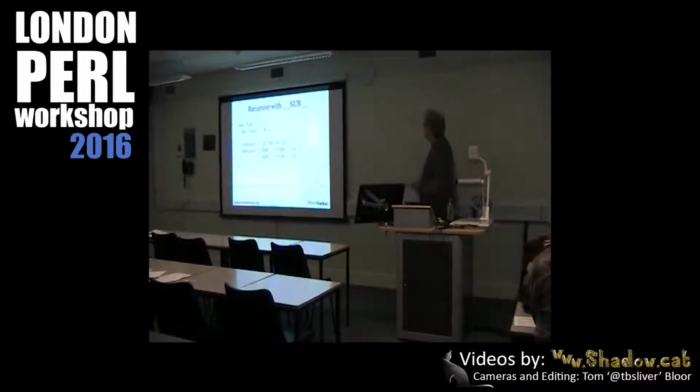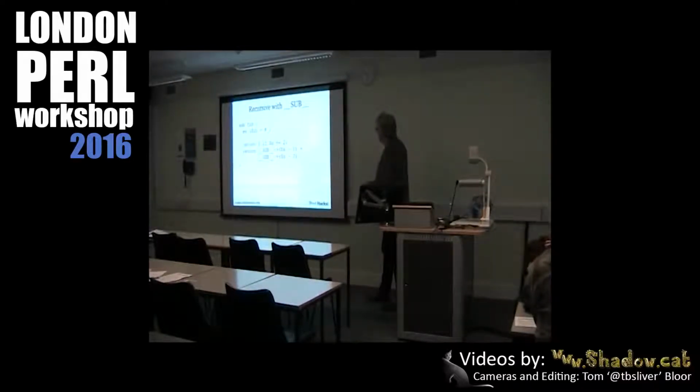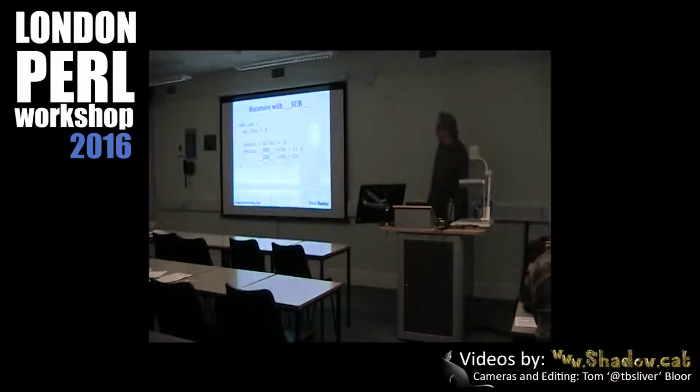So if we use this new __SUB__ token, then the subroutine looks pretty much the same, except here we've replaced the name of the subroutine with the token. And because what we've got here is a reference to the subroutine rather than the subroutine name, we've had to add the subroutine dereferencing arrow. Clear?